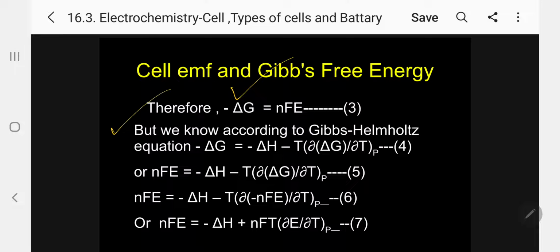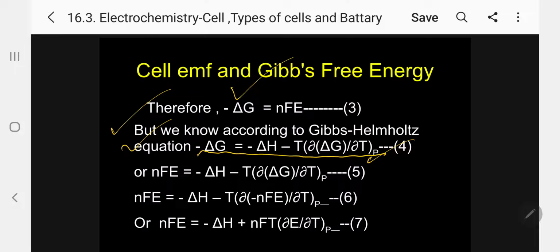But we know, according to the Gibbs-Helmholtz equation, because they have proposed an equation, please memorize: minus delta G equal to minus delta H minus T into dou delta G by dou T at constant pressure. This is the Gibbs-Helmholtz equation.